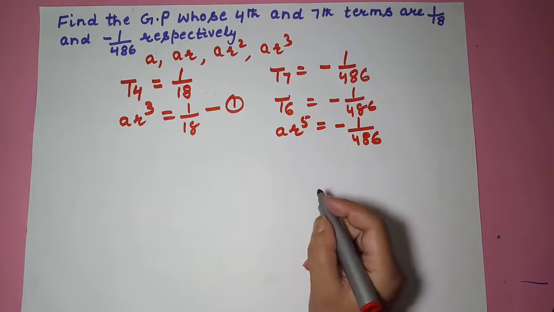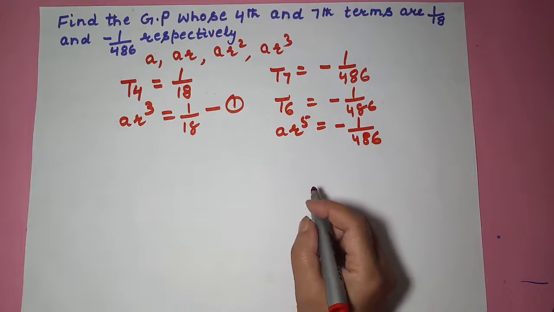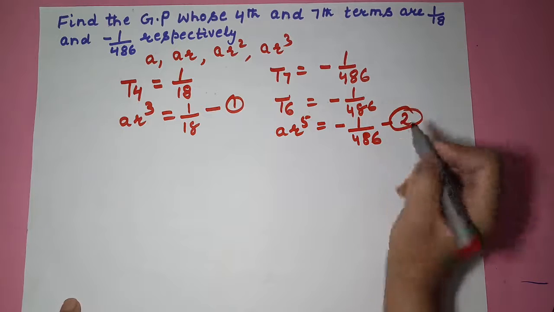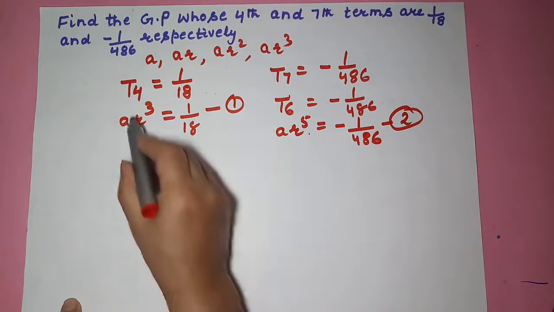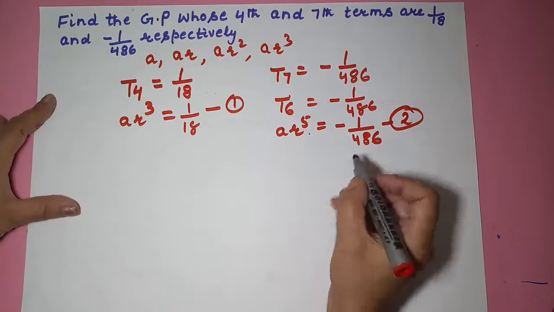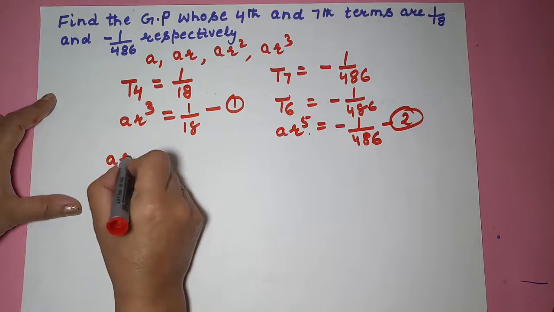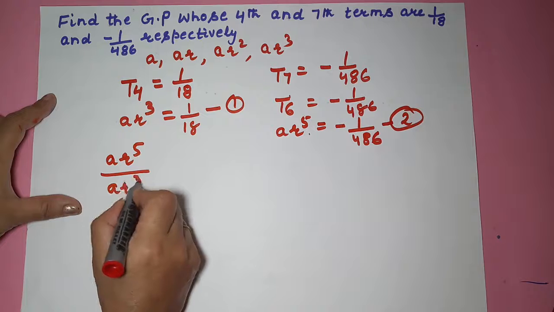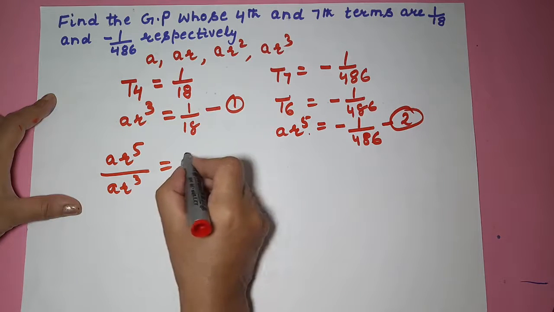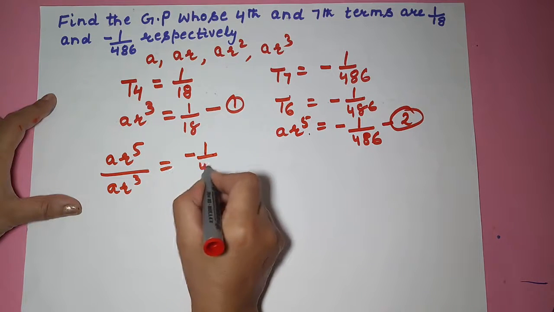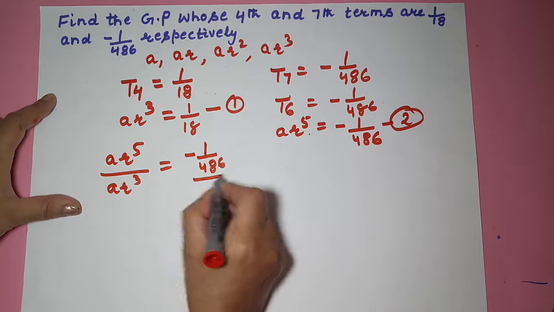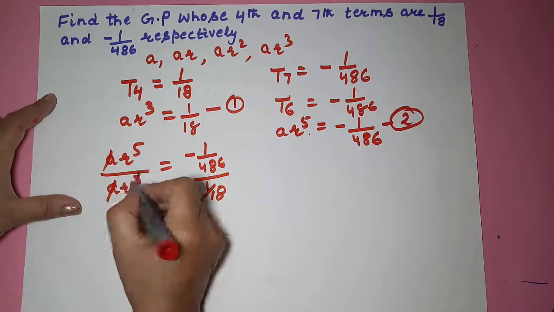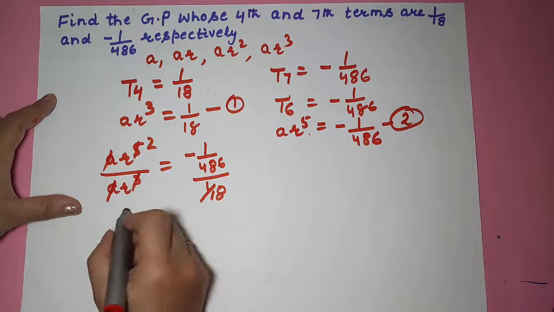Now, I need R and A. I know now how to get R and A. This is my second equation. I will divide this equation by the first equation. AR^6 divided by AR cube is equal to minus 1 upon 486 divided by 1 upon 18. A and A will go, and I am left with R cube. Oh, this was T7, so this is AR^6, and the difference is 3, so this is R cube.